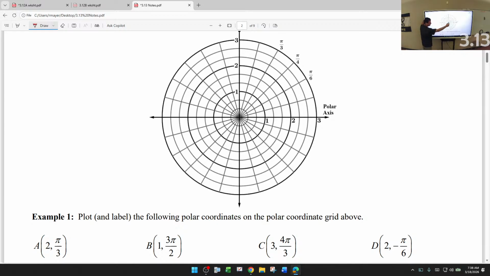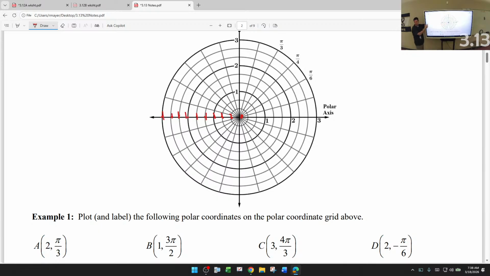So of course this is 0 right here. This would be 1, 2, 3, 4, 5, 6, 7, 8, 9. So it goes out. This is just like your regular coordinate grid, only going out to 9.